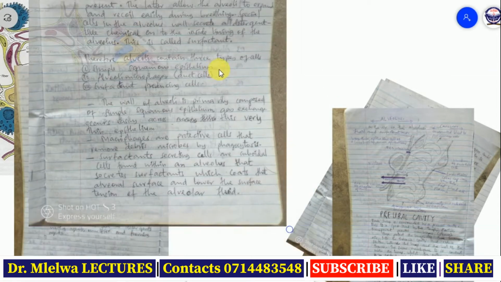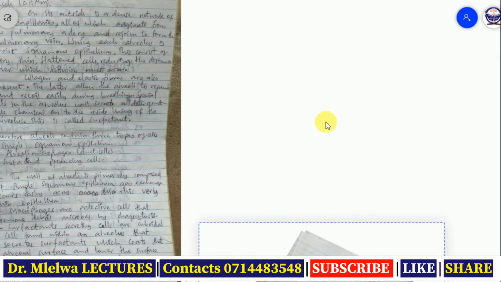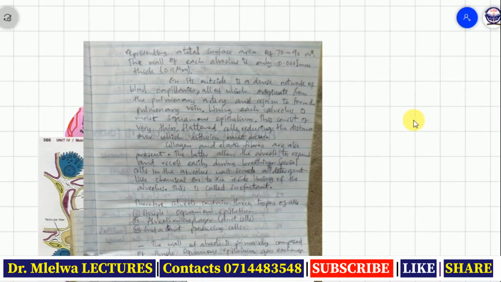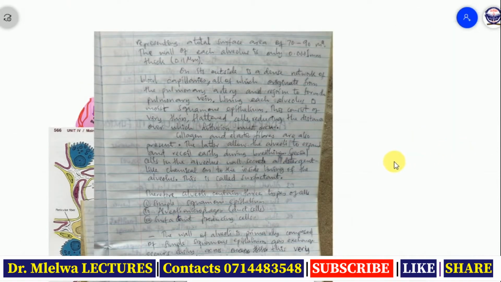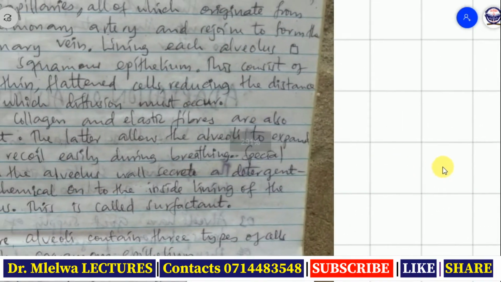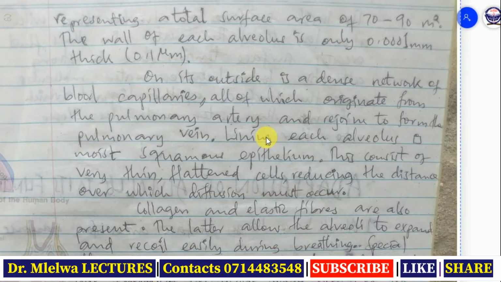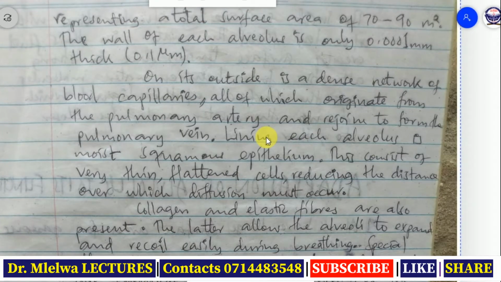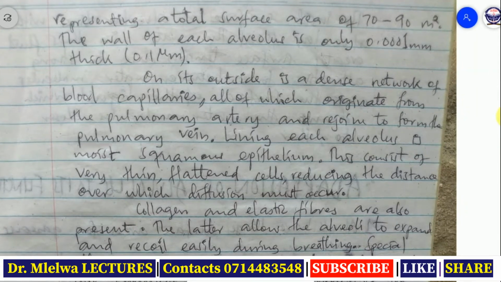The 700 million alveoli represent a total of 70 to 90 square meters. A football pitch is almost 100 square meters, so the total surface area of the alveoli is almost about a football pitch.